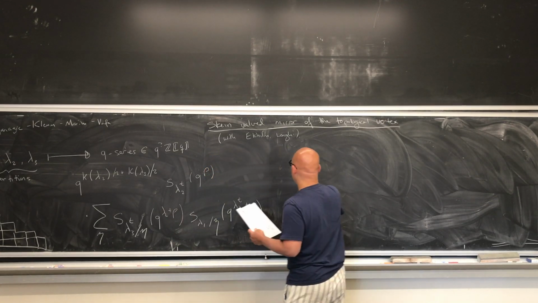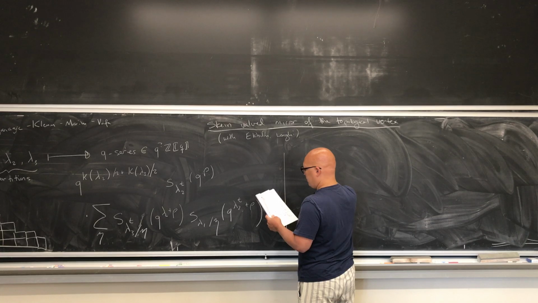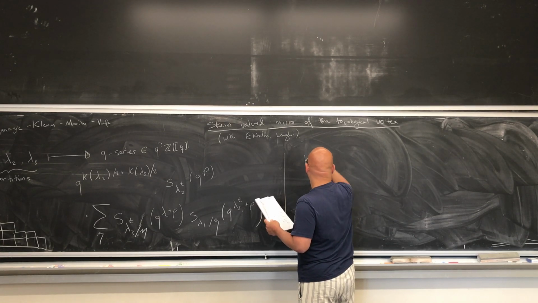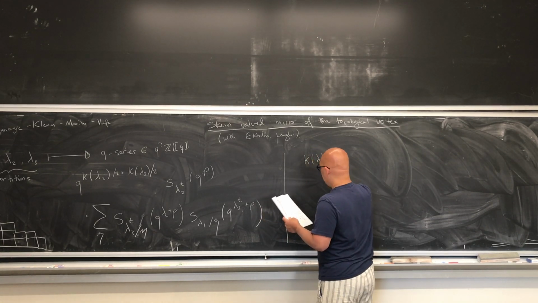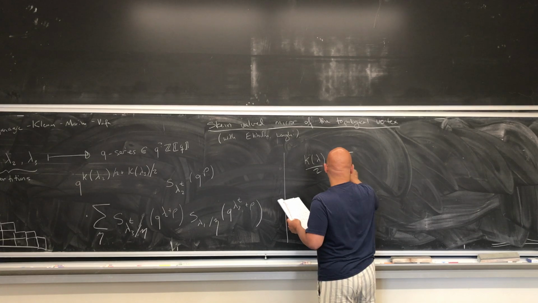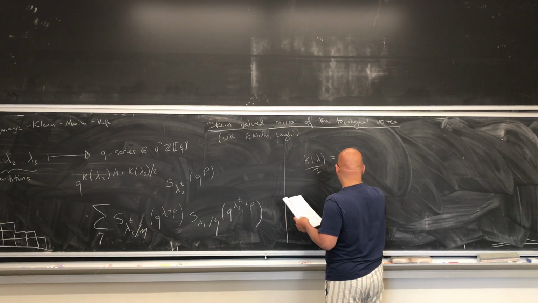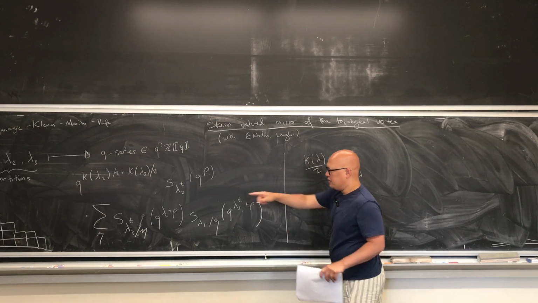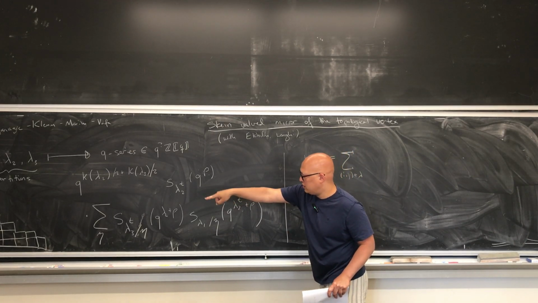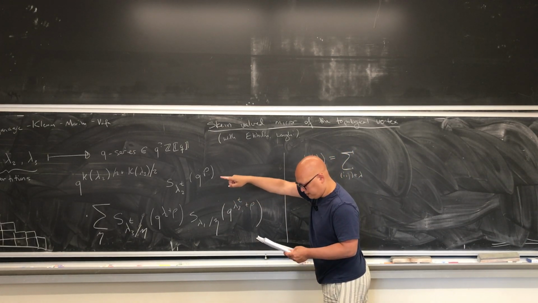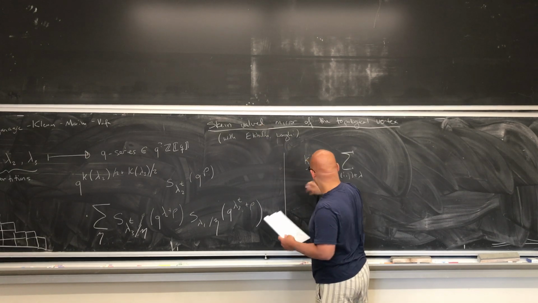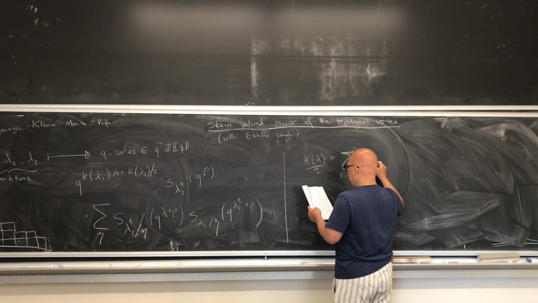So in this expression, kappa lambda, let's put it over 2, is the sum over coordinates ij in lambda, where if you put that on the upper top quadrant, j minus i.